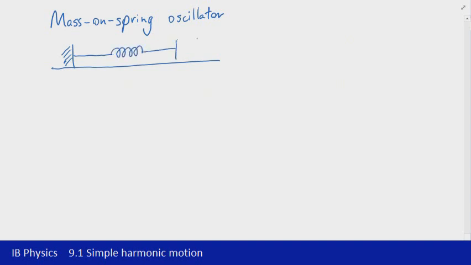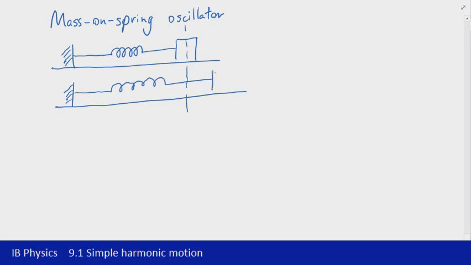And if we then extend that, so there's the equilibrium position, if we were to extend that spring, we would see that there's going to be a displacement that we need to consider. So there's the displacement from there out to there, so that's the value of x.